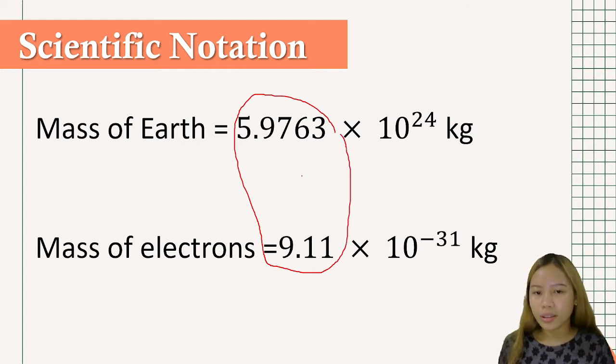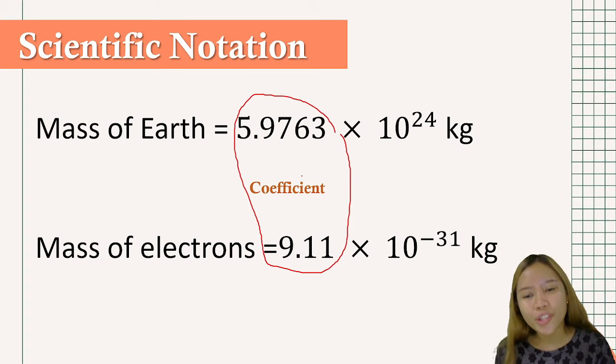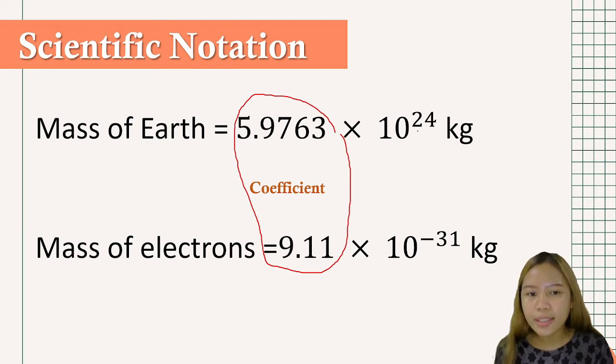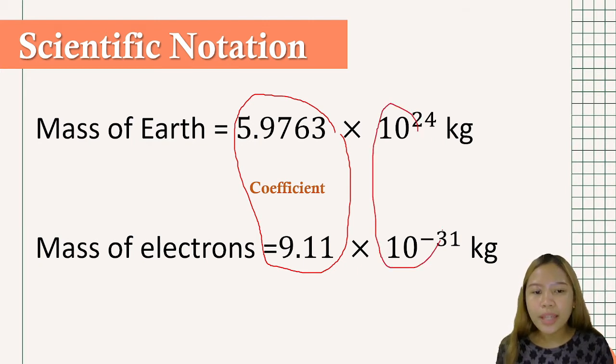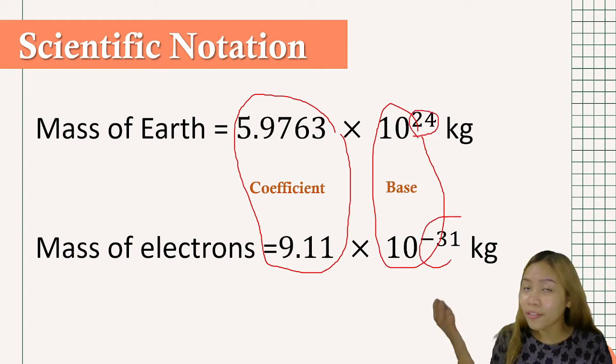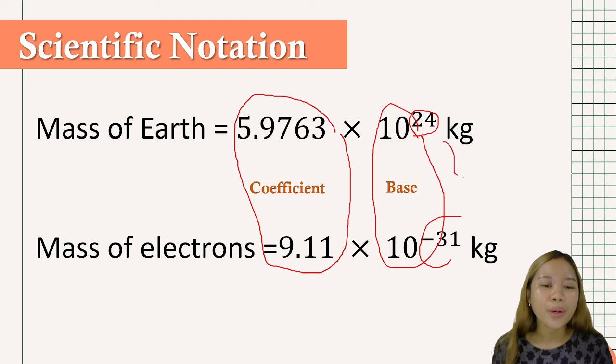So what are these? These are the coefficients in the scientific notation. Now next, we have here the power of tens. So we have here the 10 as our base. And we have 24 and negative 31 here as our, of course, exponent.